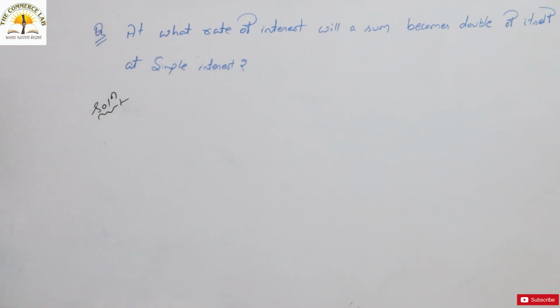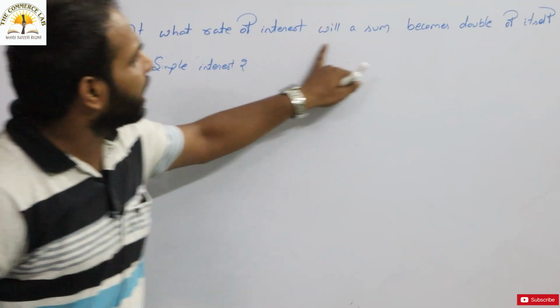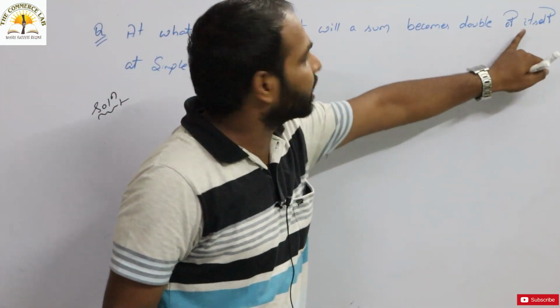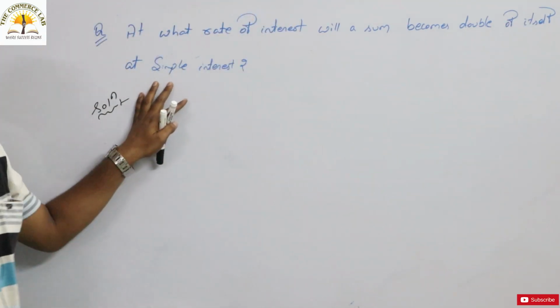Solution. So here it is given, at what rate of interest will a sum become double of itself in 5 half years at simple rate of interest?